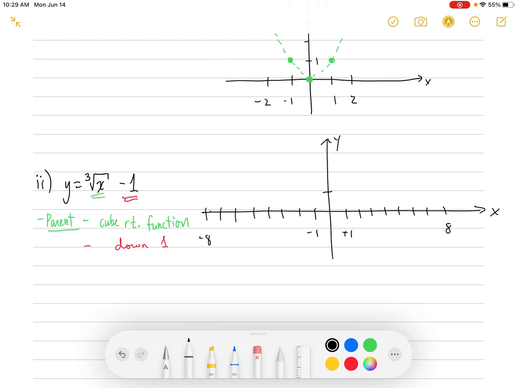Negative 1, negative 2, negative 3, negative 4, negative 5, negative 6, negative 7, negative 8. 1, 2, negative 1, negative 2. I'll rewrite this as negative 8. This is negative 1.